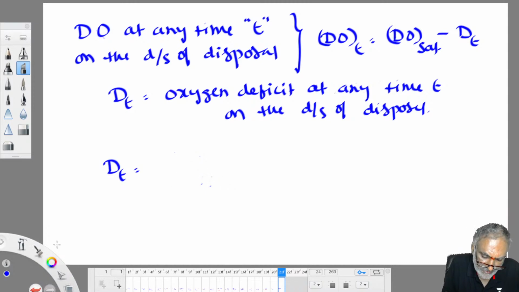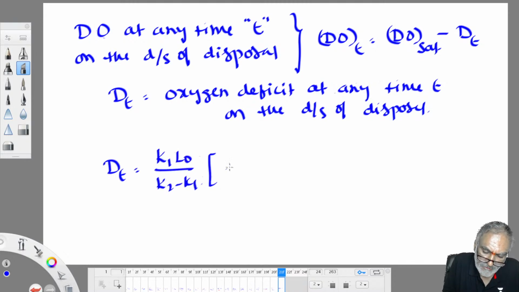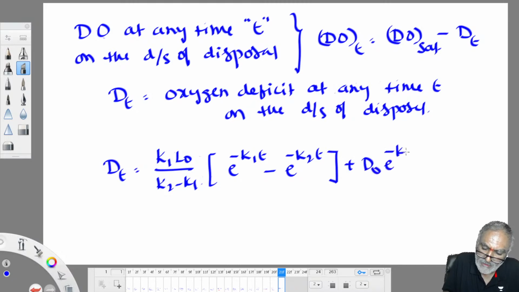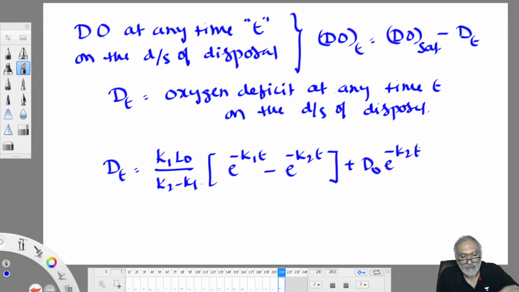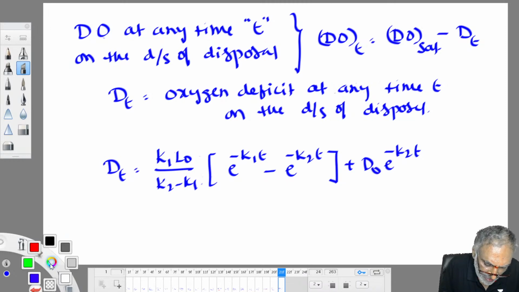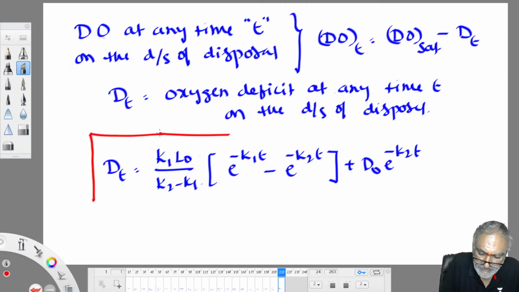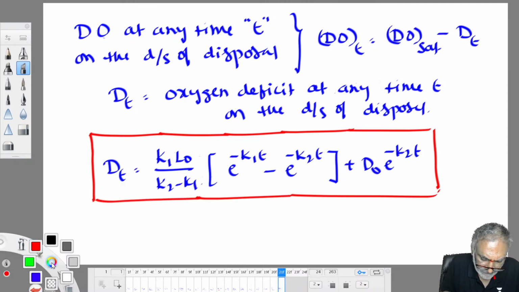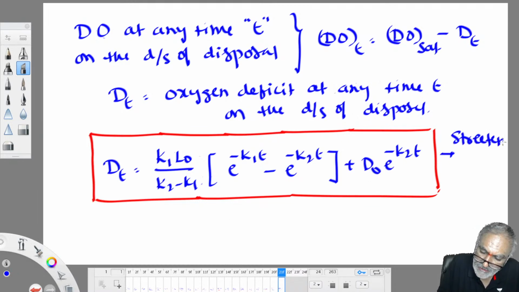Deficit at any time t is equal to K1 L0 by K2 minus K1 into e power minus K1t minus e power minus K2t, plus D naught into e power minus K2t. If you substitute in this equation, you will get that Dt. This equation is known as the Streeter-Phelps equation, to find oxygen deficit at any time t.